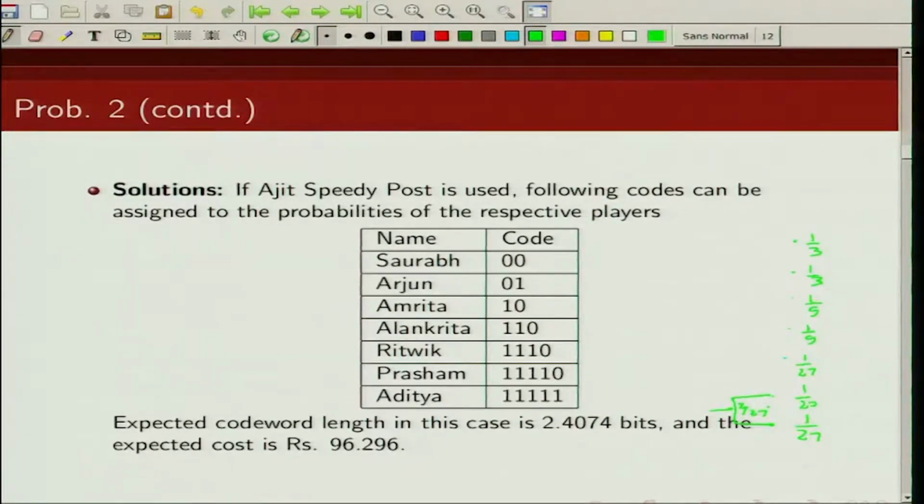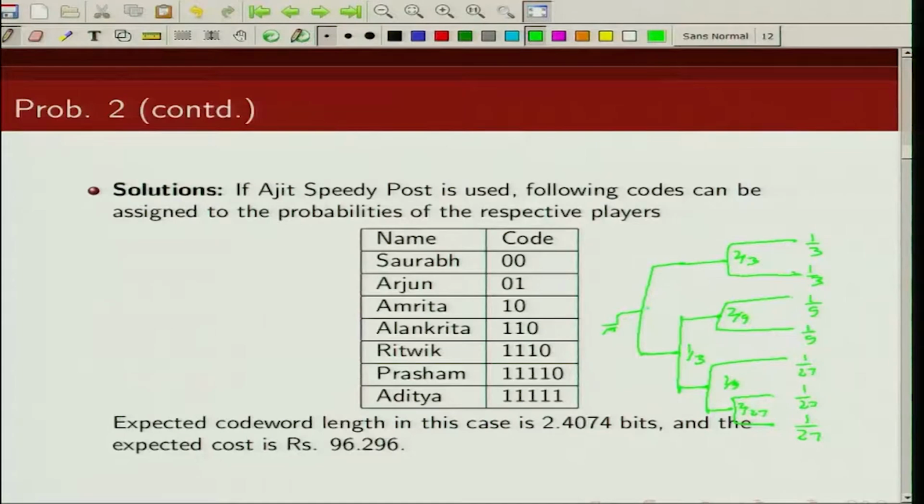Then next we need to combine these two nodes. We'll get 1 by 9. Okay, we can combine, let's say, these two nodes, which will be 2 by 9, right? Then we can combine these two nodes, which will give us 1 by 3, and we can combine these two nodes, which will be 2 by 3. And finally we can get this.